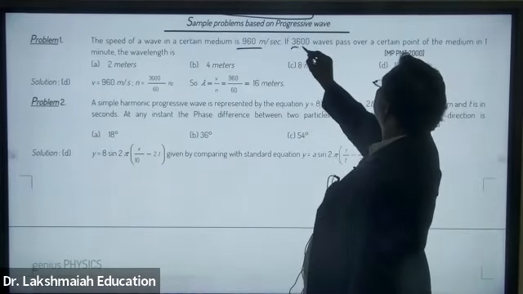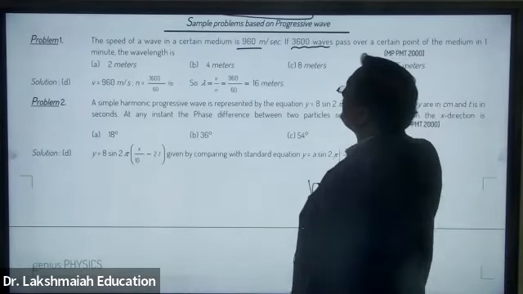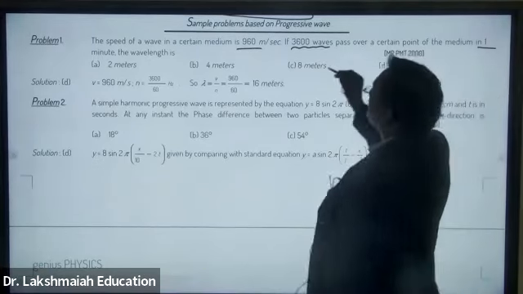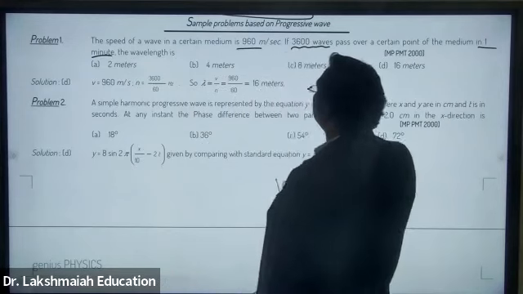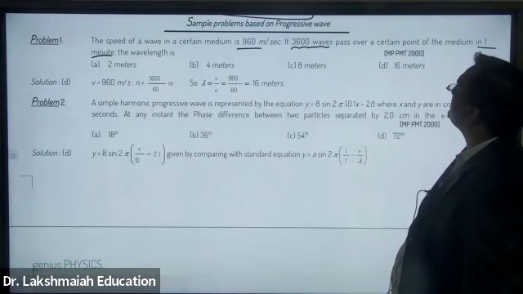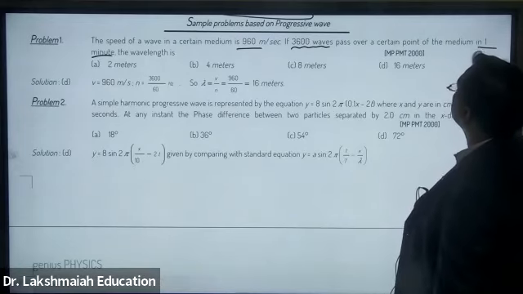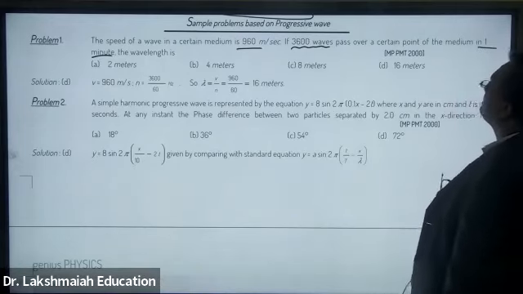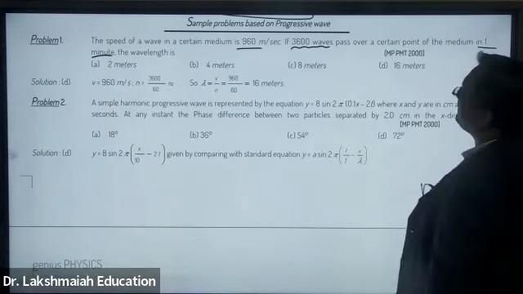If 3600 waves pass over a certain point of the medium in 1 minute, then the wavelength is.